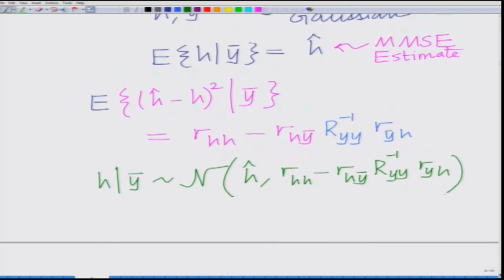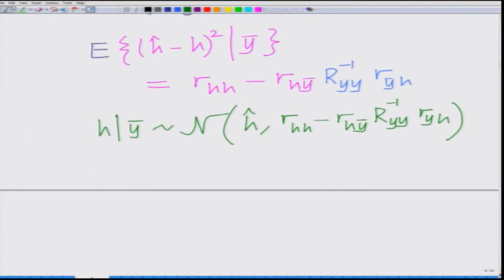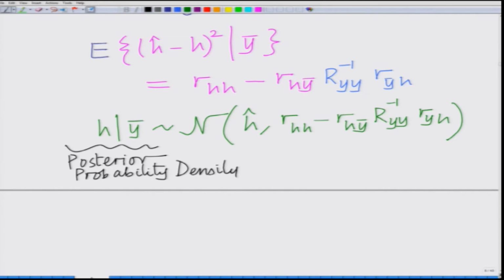This is also known as the posterior probability density function. We have the prior, and this is the posterior probability density. The mean of the posterior density is h hat, and this is the variance.